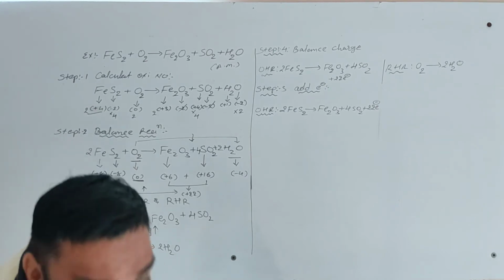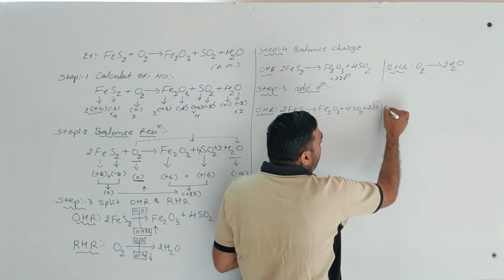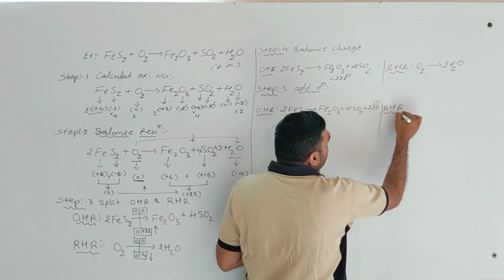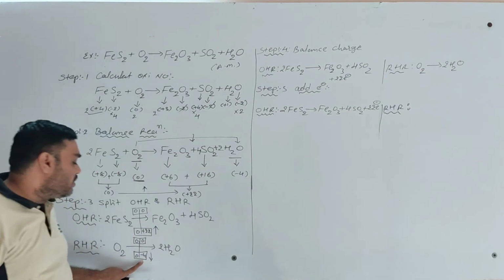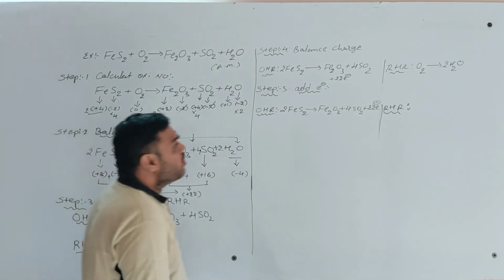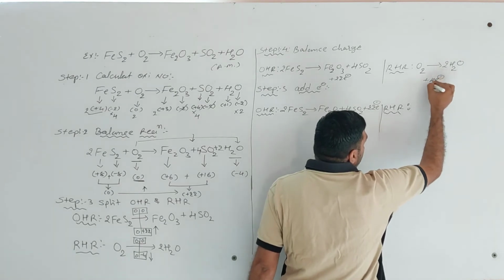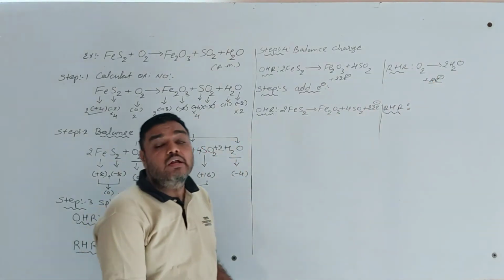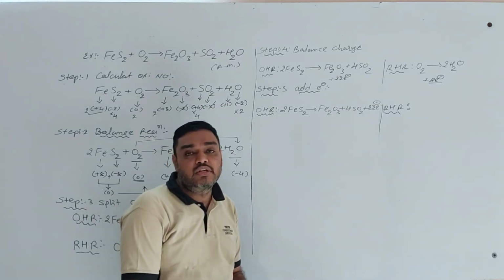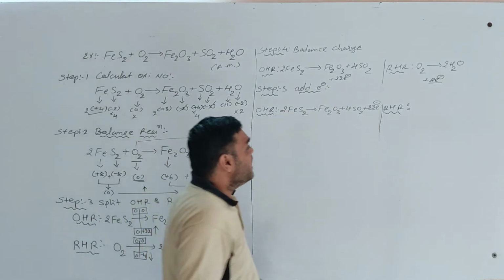Now in reduction half reaction, RHR, the change in oxidation number is 4. So 4 electrons are added on the reactant side, because in reduction half reaction electrons are gained, electrons are added.